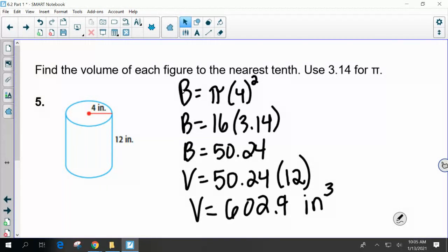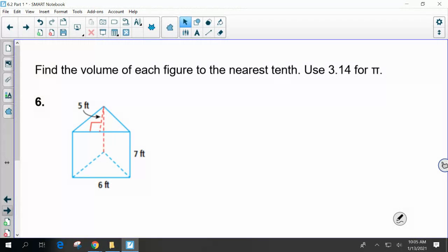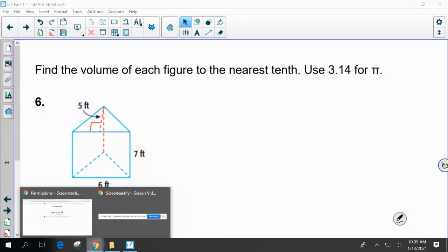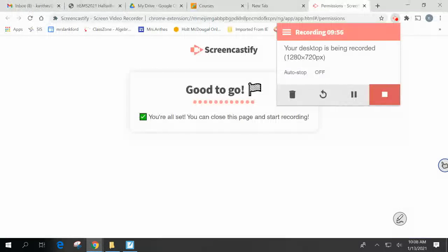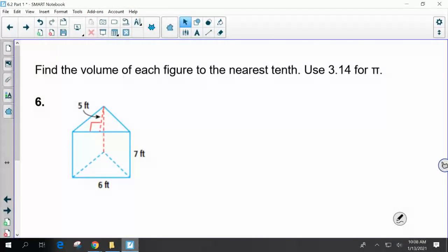Okay, so I would like you to go through number 6 and try that. It is what kind of shape? Triangular prism. Okay, guys, let's go over this one. So don't erase your answers if you have put your different numbers. If you put your numbers in a different place, you should still end up with the same answer.